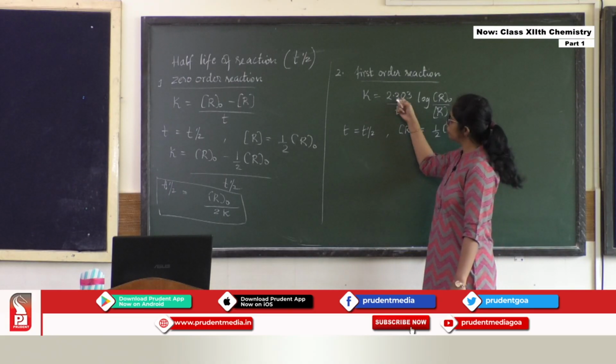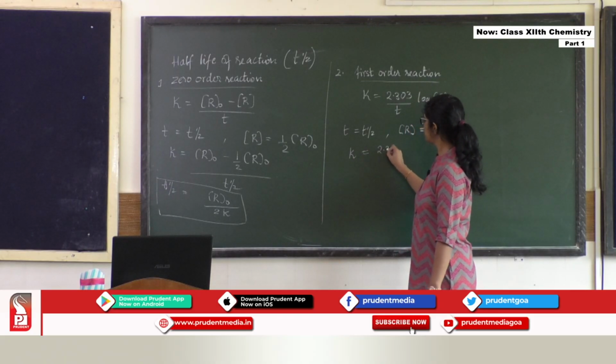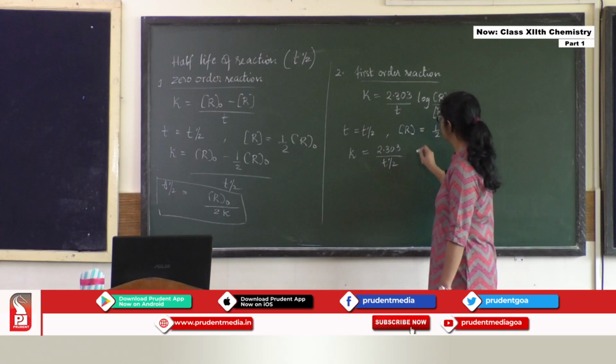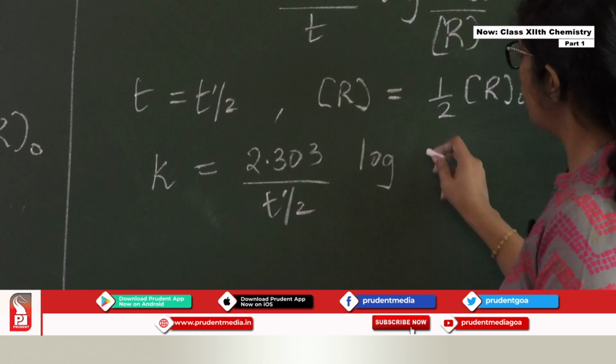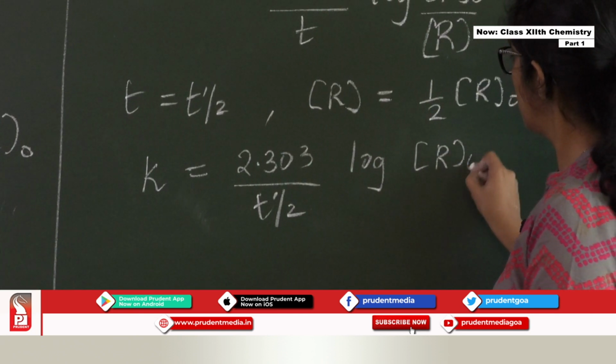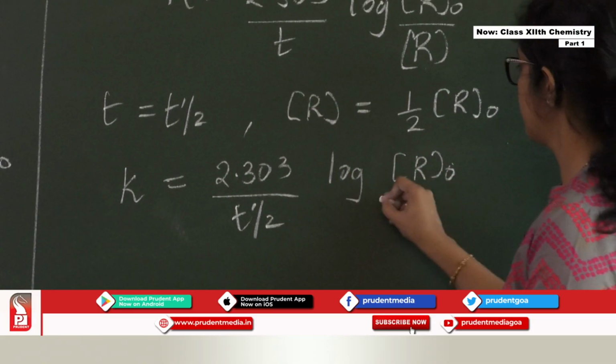We are going to substitute these values in the above equation, which would be K equal to 2.303 upon T half into log of R naught upon half of R naught. Here R naught is going to remain as it is, and the value of R we are going to substitute as half of R naught.